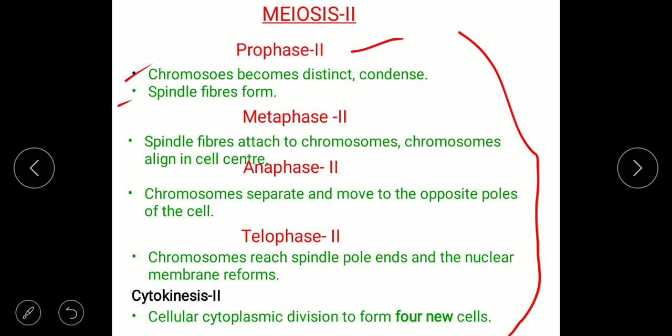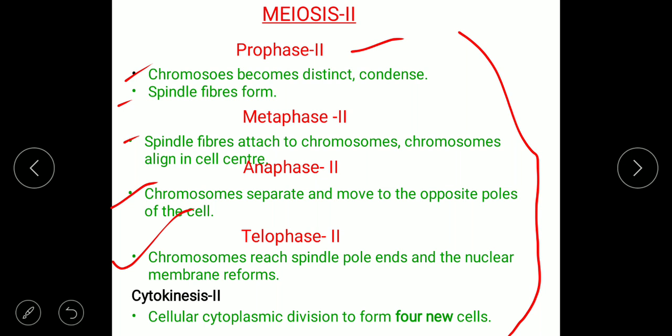Metaphase-II, where the spindle fibers attach to the chromosomes and the chromosomes align in cell center at the metaphase plate. And Anaphase-II, where the chromosomes separate and move to the opposite poles of the cell. And at Telophase-II, the chromosomes reach spindle pole ends and the nuclear membrane reforms.